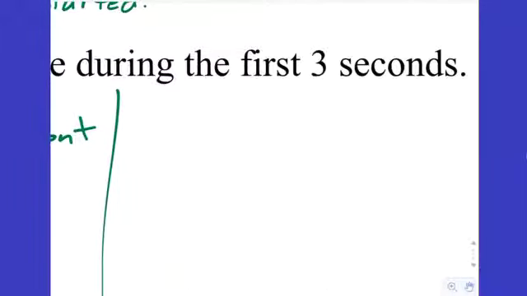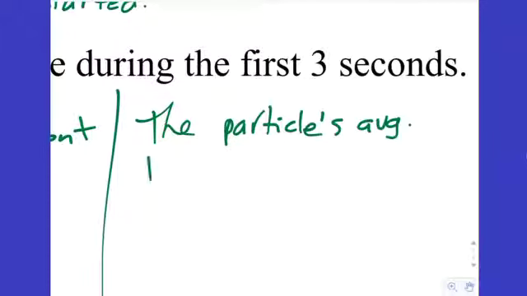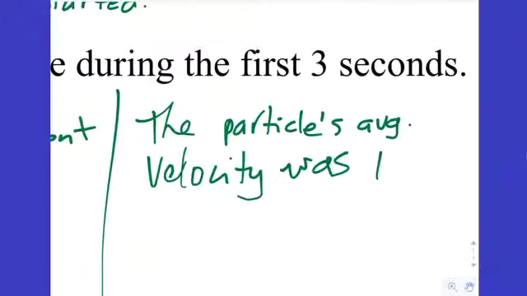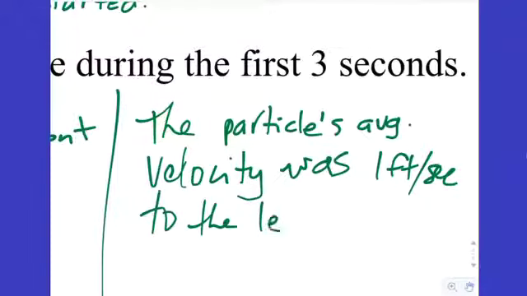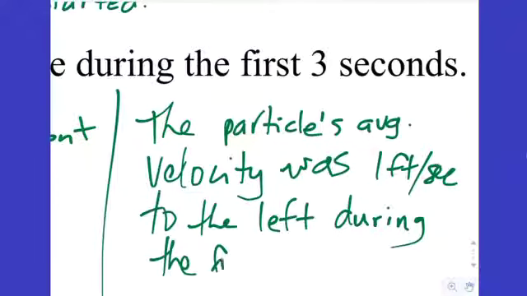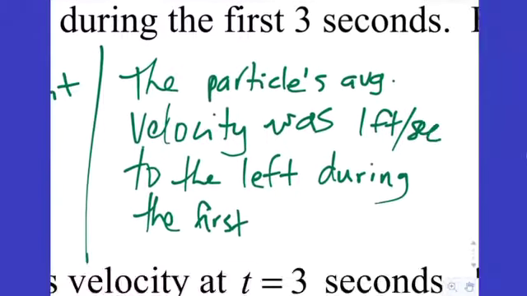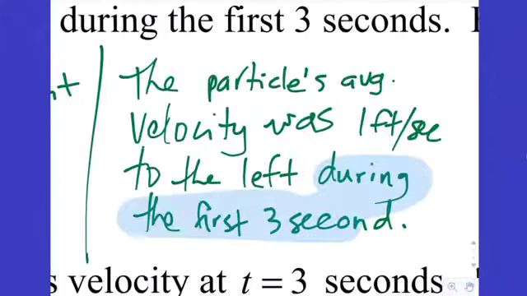So you could actually say this. The particle's average velocity was 1 foot per second to the left during the first 3 seconds. And I kind of broke the mold on this one because I usually want you to start with the introductory adverbial clause that references either the moment in time or the interval of time, because you have to say that.